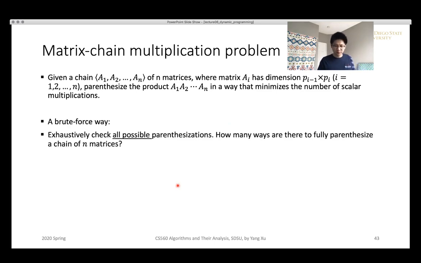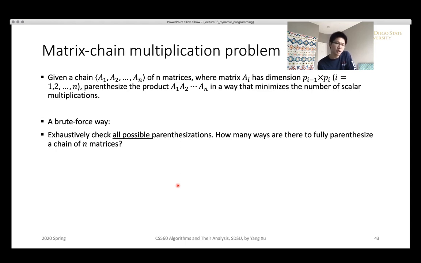Now, before thinking about an efficient solution, we can always start from some naive or brute force way. In order to solve this problem without considering the relevant cost, we can think of several brute force ways.